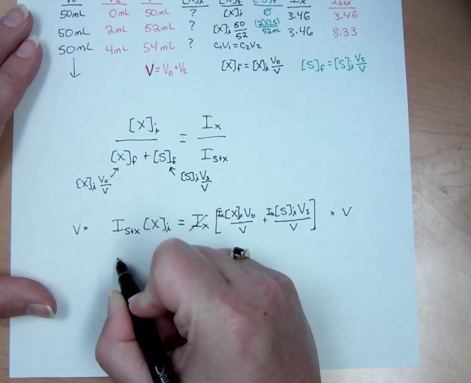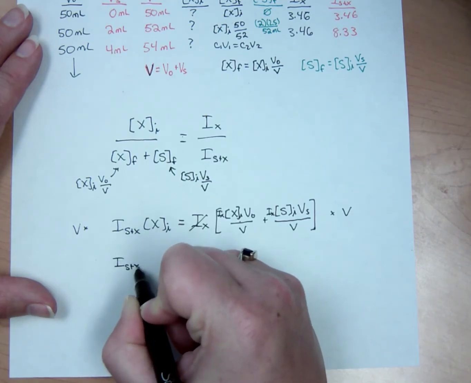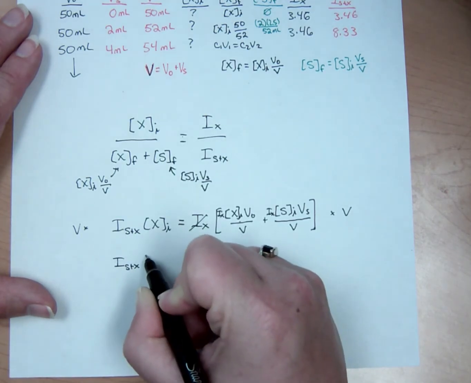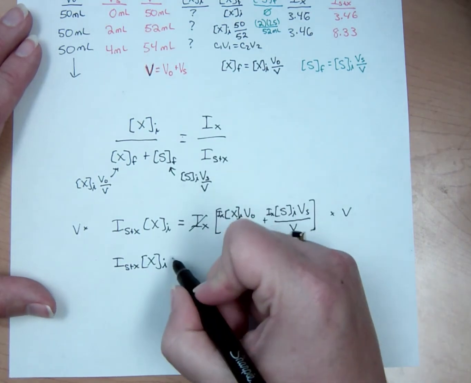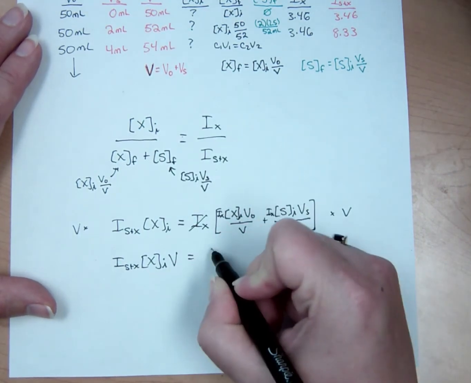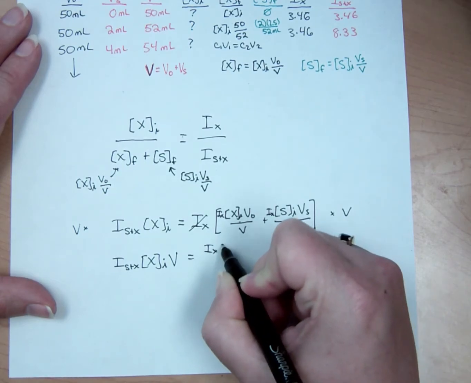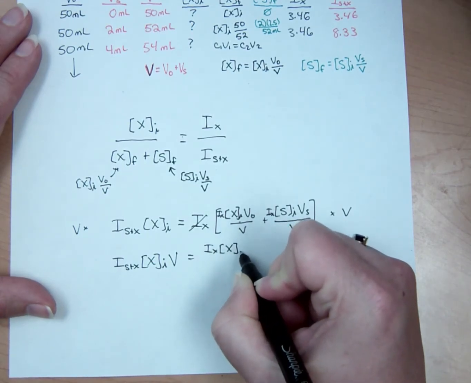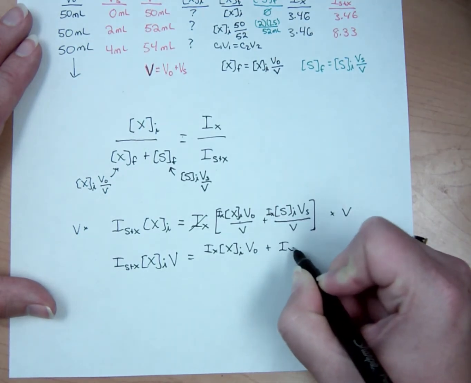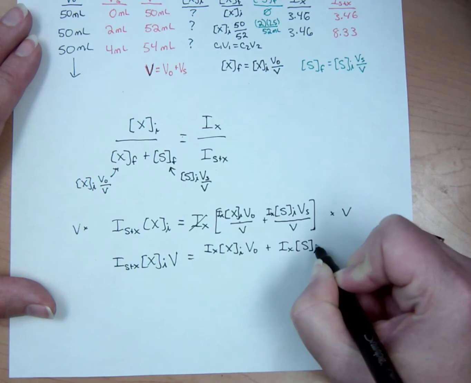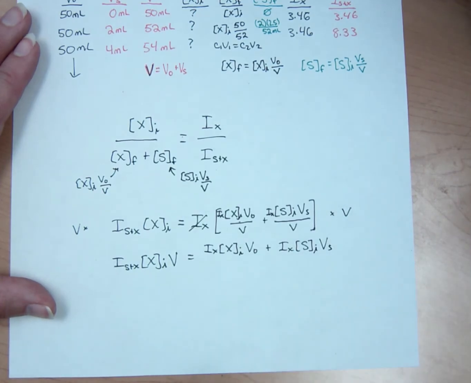So I'm going to have I_S+X concentration initially times V equals I_X concentration X initially V naught plus I_X S initially V_S.